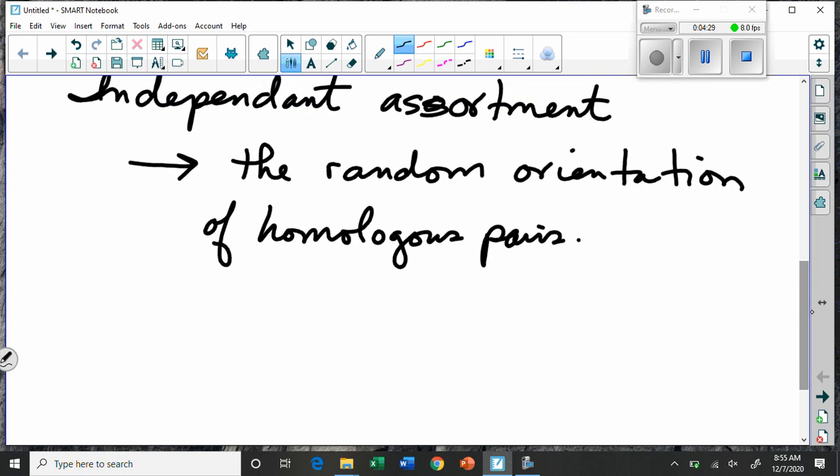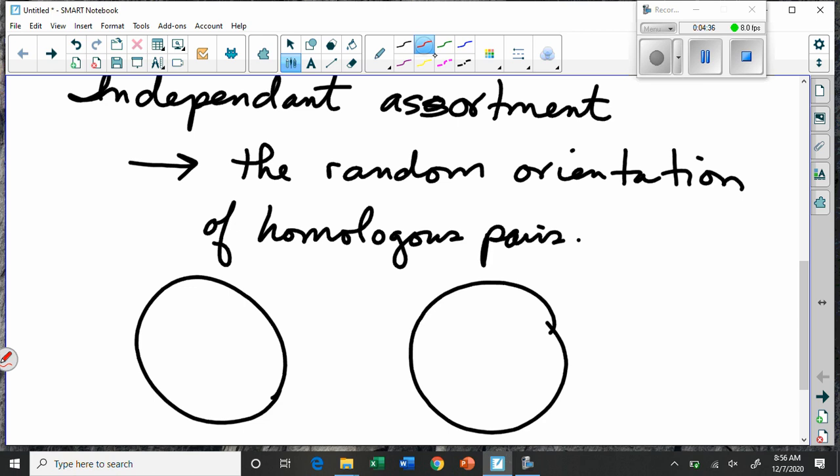Independent assortment. So if you have a cell here, I'll draw 2 of them, show you the 2 different possibilities. Here's a red chromosome, right? And it's homologous with this yellow chromosome. So we get this assortment. And then here's a blue one, which is homologous with this purple one. So they're hanging out together. Well, that's one way to do it, but of course it's possible that the red one could be on the bottom and the yellow one could be on top.